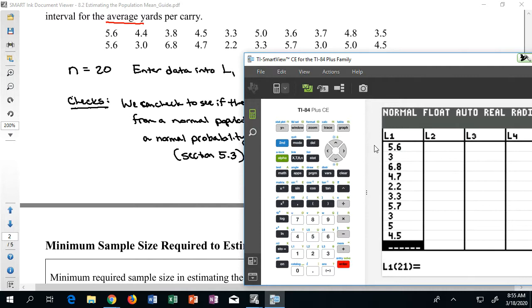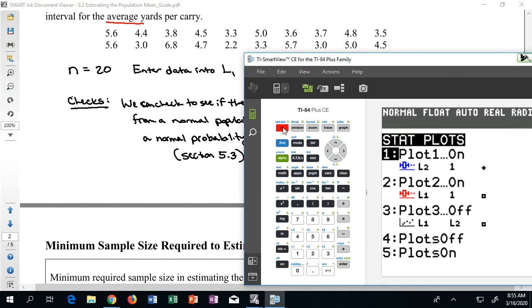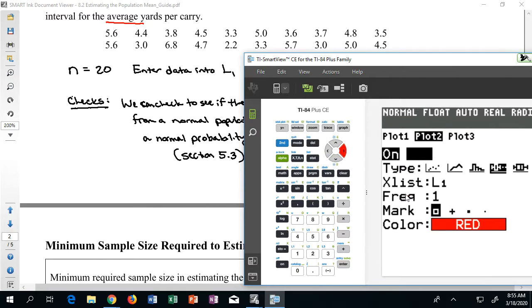Okay, once all my data values are in, remember that I can actually create the normal probability plot in the following way. I'll click on the second button, then on the y equals where it says stat plot above in blue, and I'm going to go to this first option, which might be on. If you have other options on, like I do here, you can go in and turn them off just so you don't have to see them.